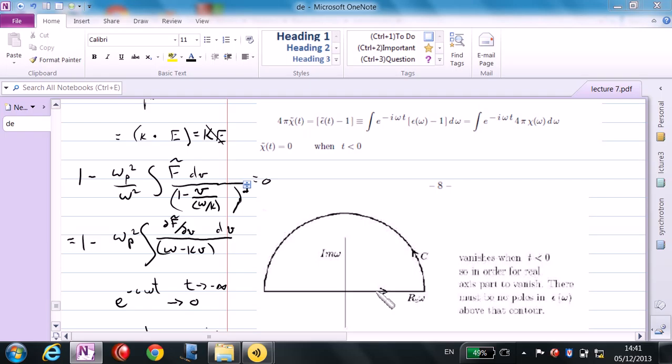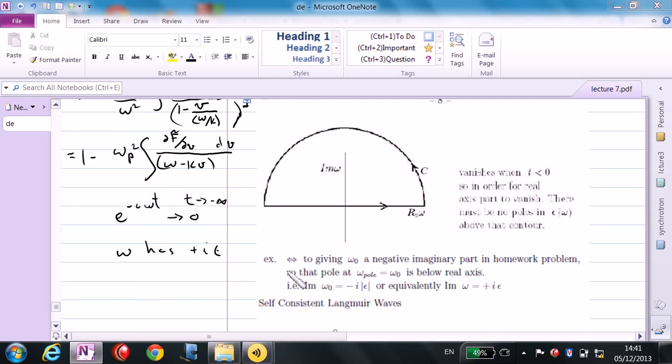That tells you where the pole has to be for epsilon. Here the integrand is epsilon minus 1, right? That's the thing that's not allowed to have a pole in the upper half of the plane.